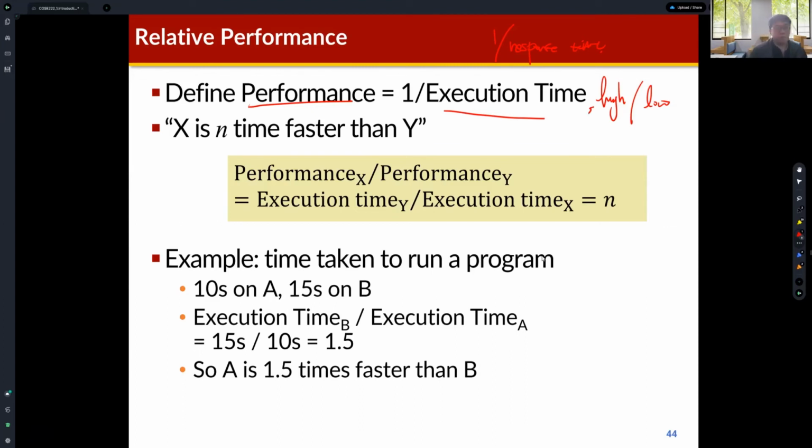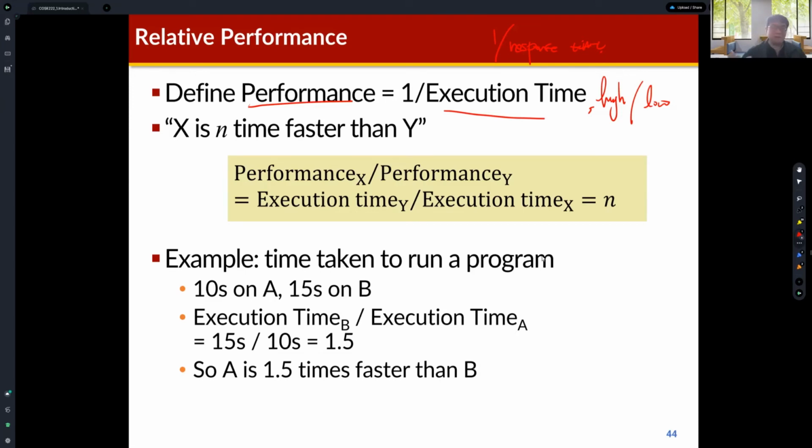Then why do we measure performance of computer systems? If we want to compare the performance of two computer systems, then we can say that this computer system A is higher than computer system B. It's just a comparison. So why do we need to compare the performance of two different computer systems?